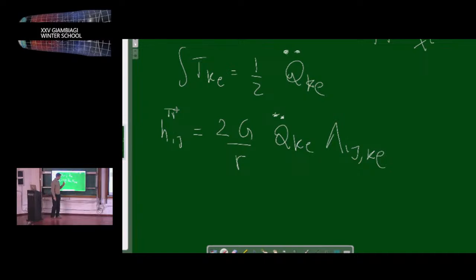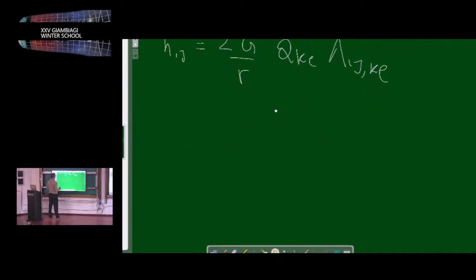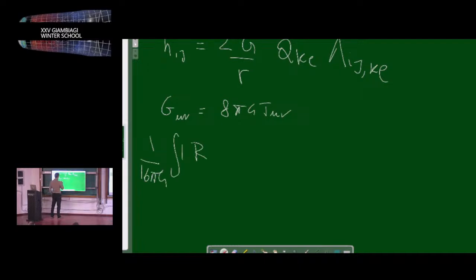For instance, if you want to go back, let's see how this is derived from a Lagrangian formalism. In a Lagrangian formalism, you should write, instead of the equation of motion that are Einstein G mu nu equal to 8 pi G T mu nu, the action: 1 over 16 pi G integral of d4x square root of minus g R plus the Lagrangian of matter.